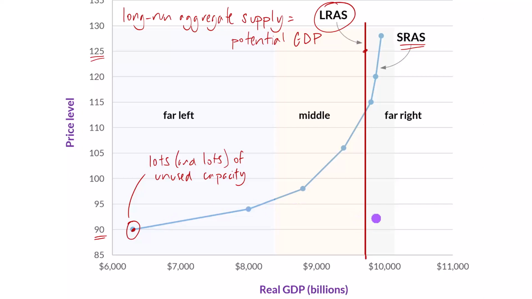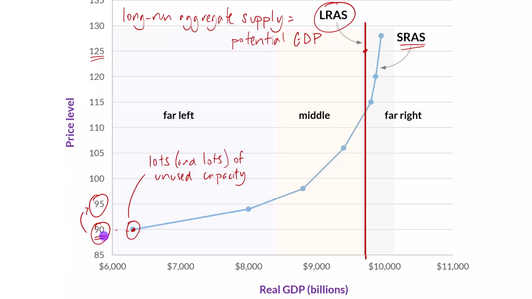Okay, now let's think about what will happen if there is an increase to the price level from, well, 90. So the price level where we would be if we were at this point on the short-run aggregate supply curve. So if the price level increases by, well, we'll go 5 points.